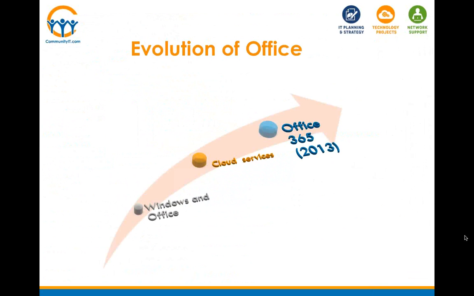All right. So I wanted to kick off this webinar with an introduction to Office 365. How did Microsoft get to Office 365? As I prepared for this webinar, I was quite amazed to see how the most basic Microsoft applications have evolved over the years.